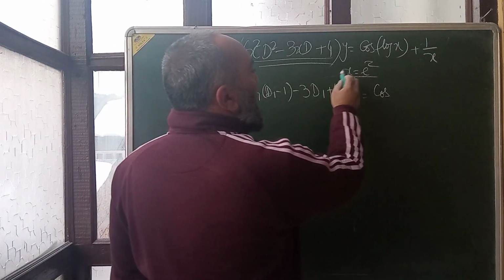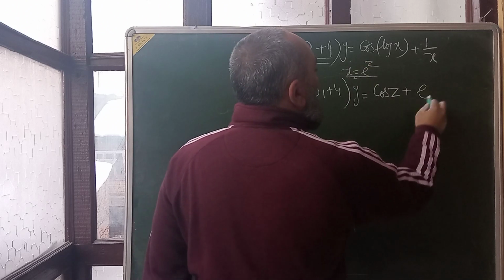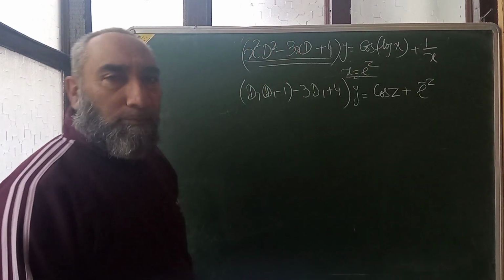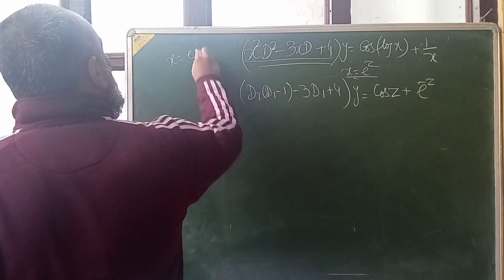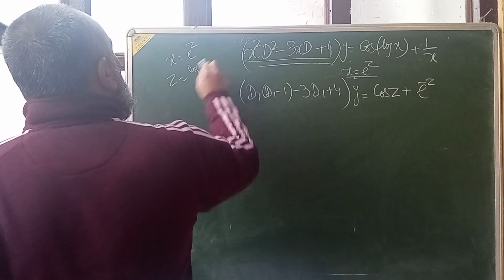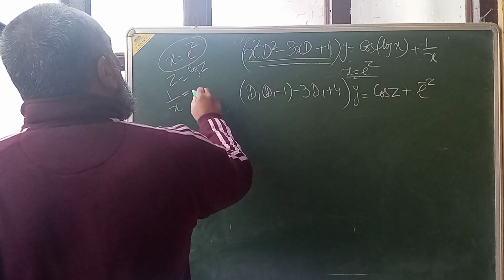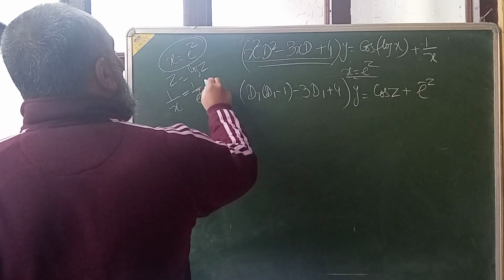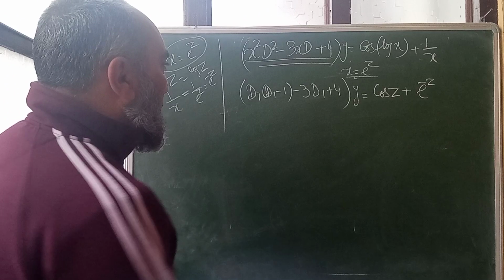You see, log x is z, so cos z. 1 by x is e raised to the power minus z. You see, x is equal to e to the power z, which means z equals log x. And since 1 by x is e raised to the power minus z, this I have used.